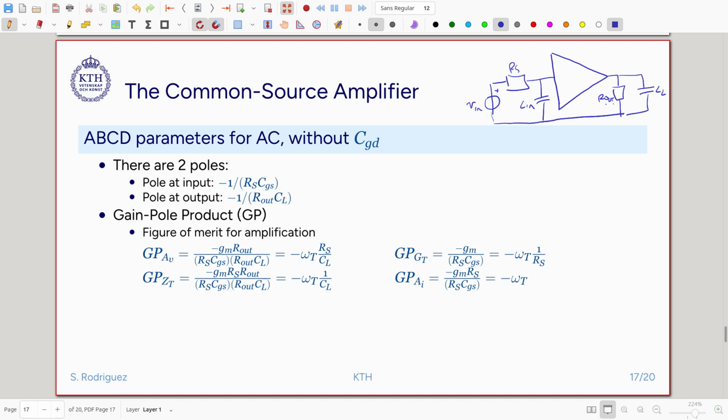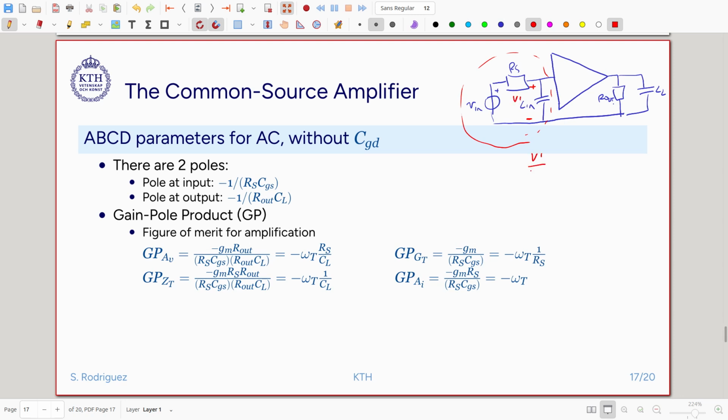Okay, and then we can see that at the input, I am driving this with a voltage source. The voltage source has the following model, and then we take this voltage here and call it V1.